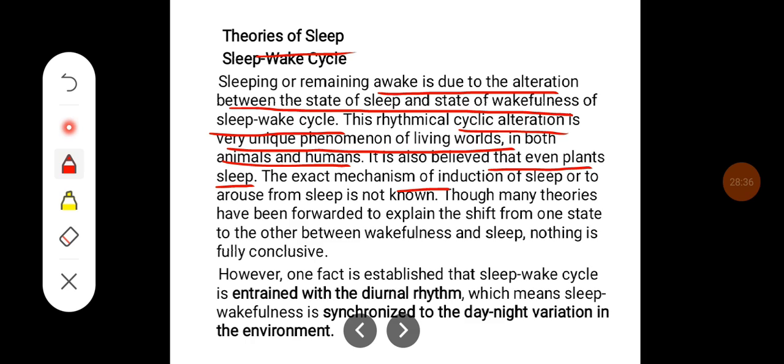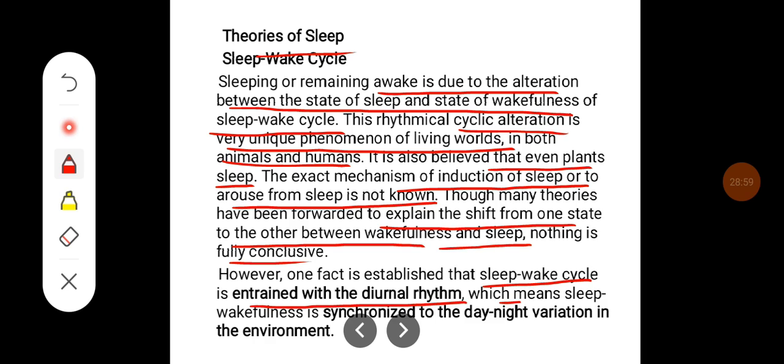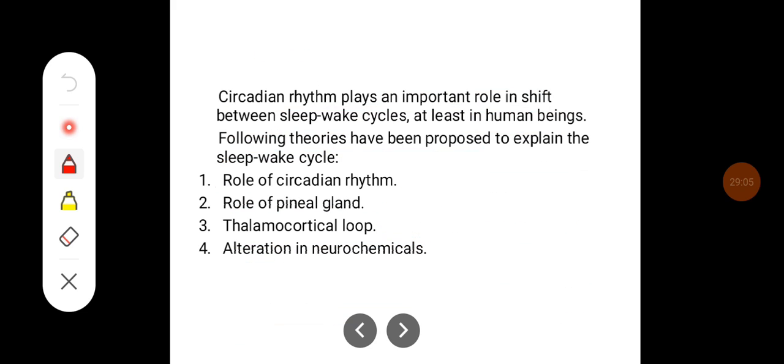The exact mechanism of induction of sleep or arousal from sleep is not known, though many theories have been forwarded to explain the shift from one state to the other between wakefulness and sleep. Nothing is fully conclusive. However, one fact is established: the sleep-wake cycle is entrained within the diurnal rhythm, which means sleep and wakefulness are synchronized to the day and night variation in the environment.